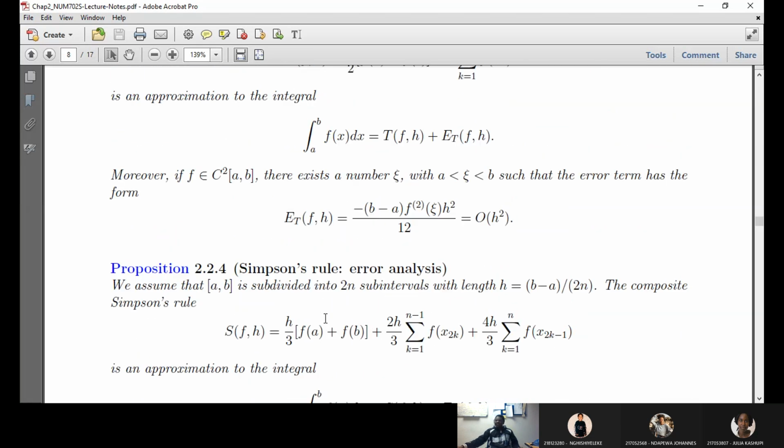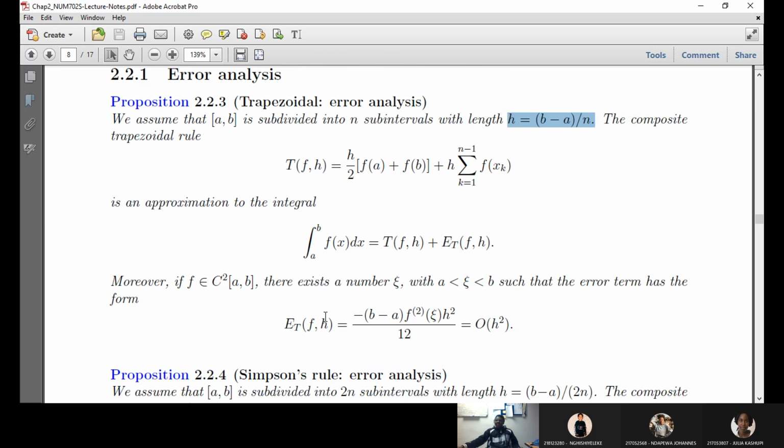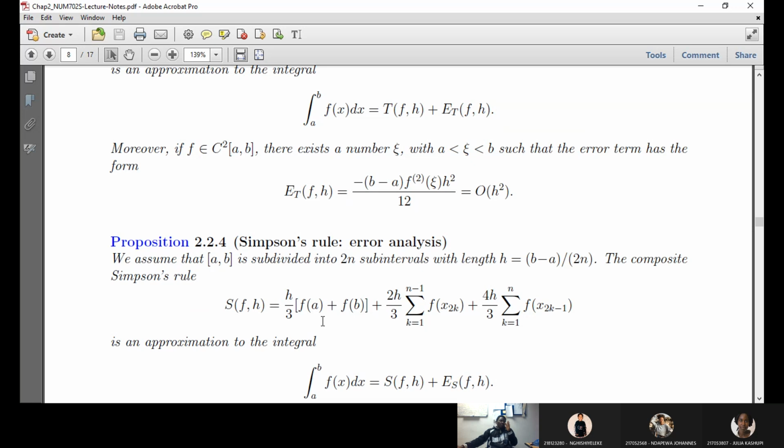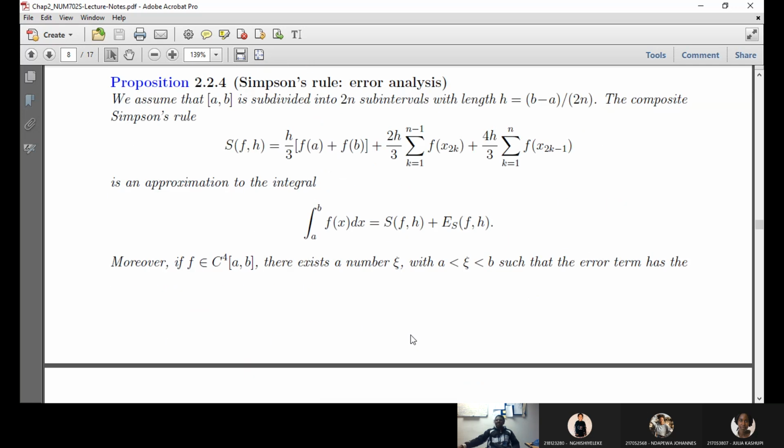So if you perform exactly the same analysis as the one that I mentioned, you take the trapezoidal rule for a smaller interval, then you perform the partition and composite. It will be exactly similar.